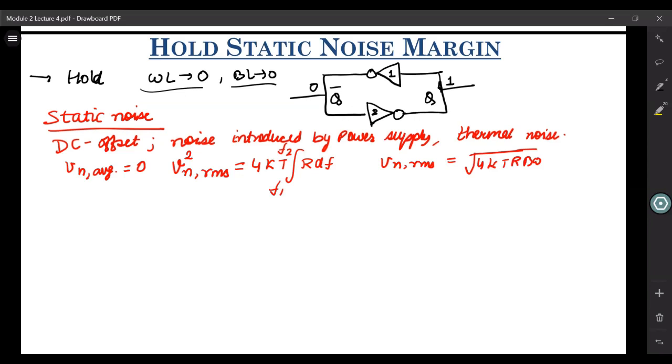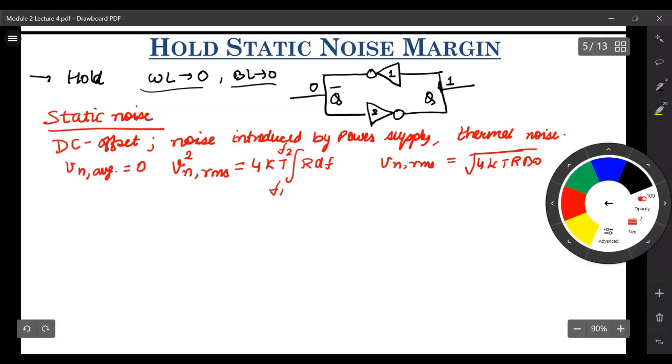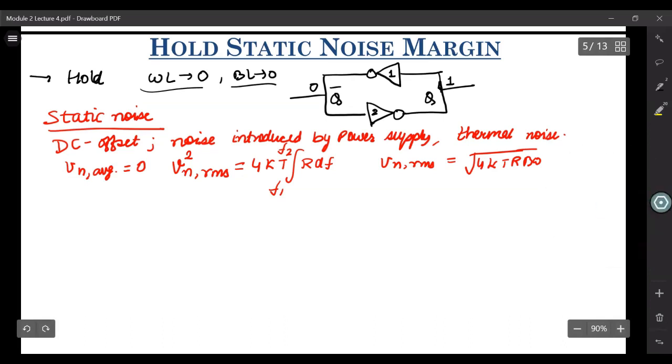Now, how exactly this static noise plays a role in the operation of this SRAM cell in hold is, you can have these static noise sources adding to the input or output of these two cross-coupled inverters.